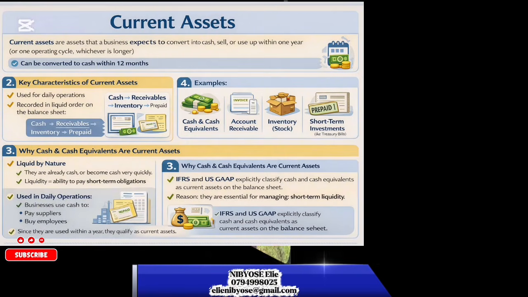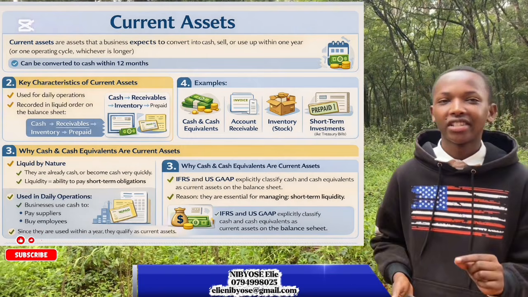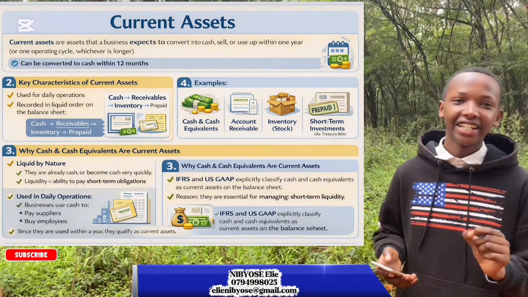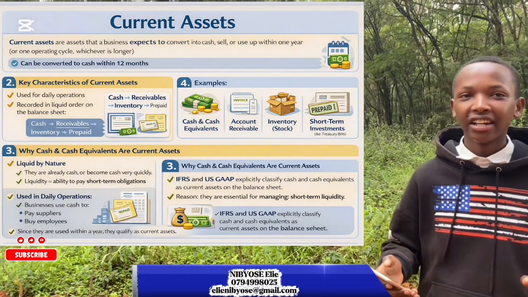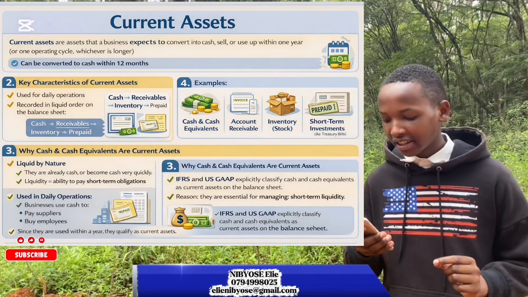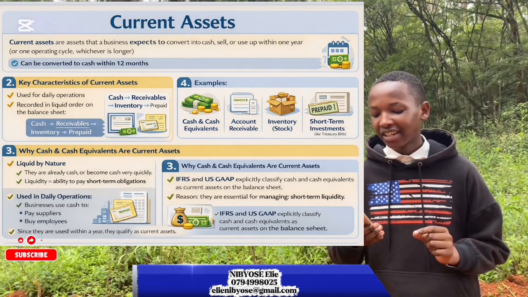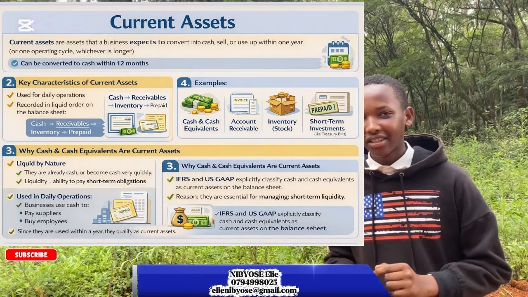In current assets, we find different examples. Firstly, cash and cash equivalents, like physical cash, bank balances, mobile money, and highly liquid short-term investments.